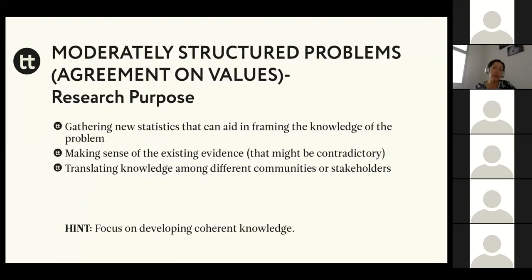Research can focus, like we saw in that example, on producing new statistics that can help everybody understand the problem in the same way. Research might help us make sense of the evidence, even when it might be contradictory. So, for example, this happens many times with social programs. As you know, the evaluations and the control trials around social programs have become very, very popular.